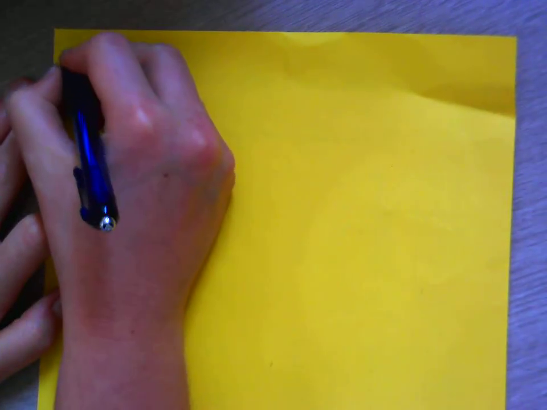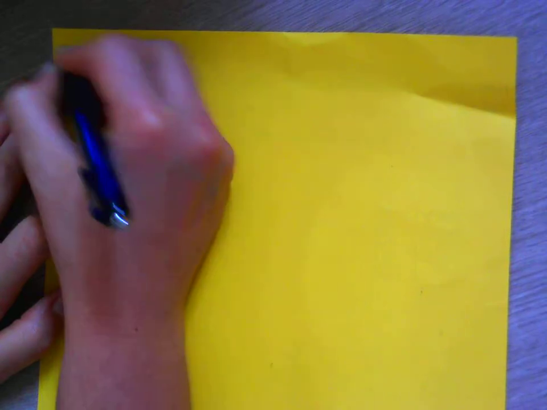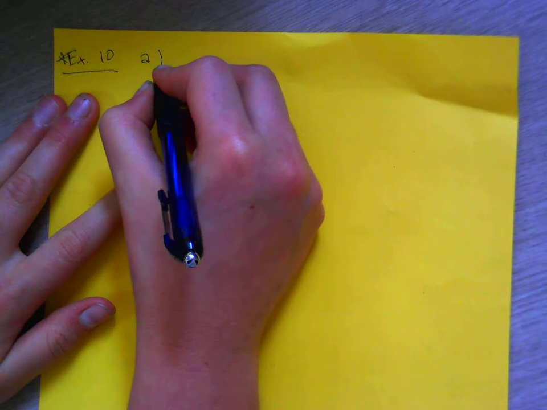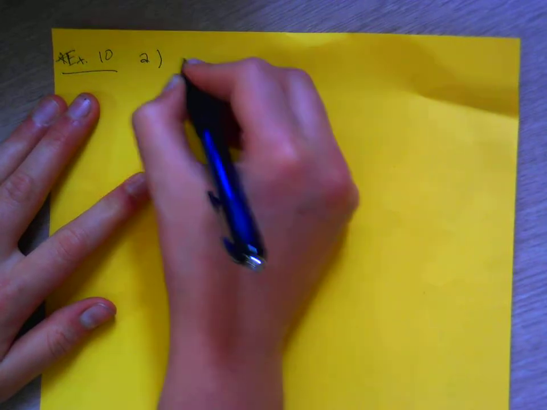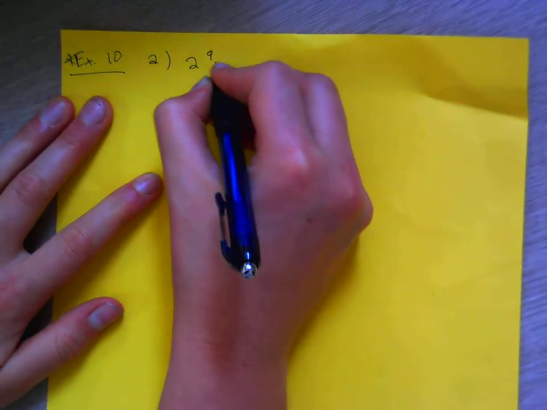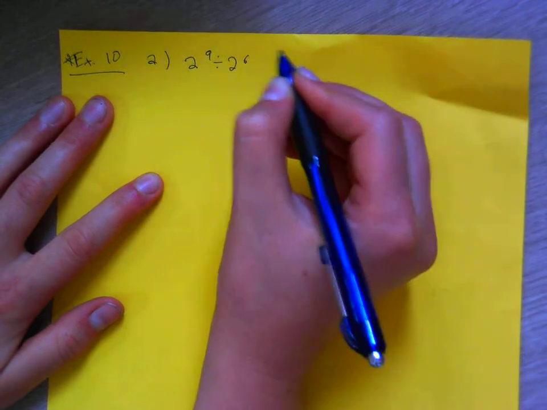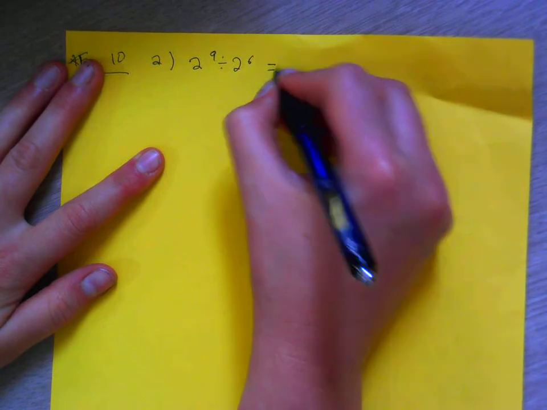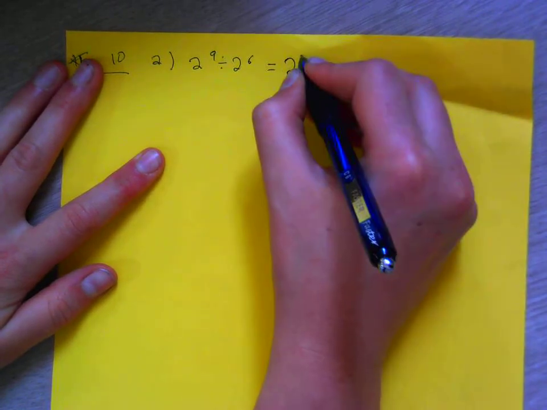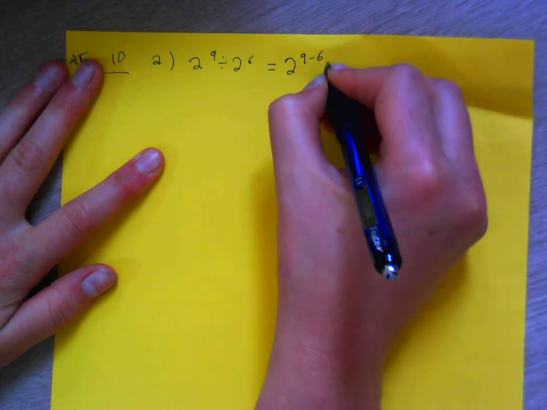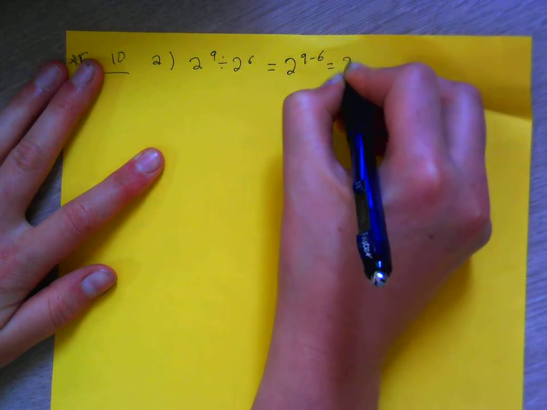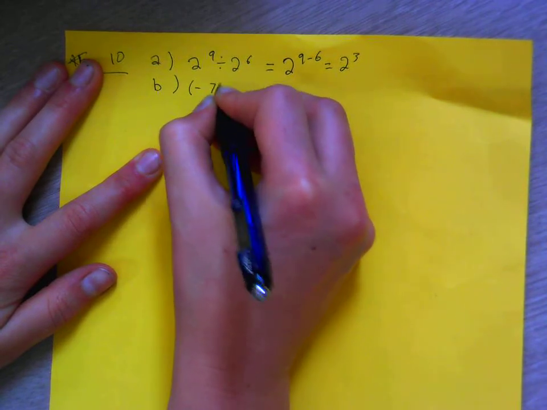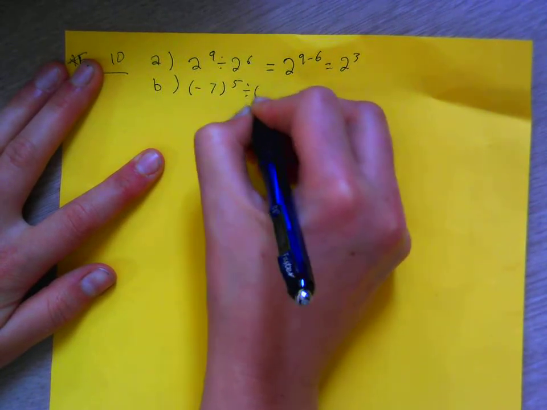Now let's try an example. Let's try example number 10. A. Simplify each expression, write your answer in exponential notation. 2 to the 9th divided by 2 to the power of 6. We know if it's divided, we can write it as 9 minus 6, which equals 2 to the power of 3. B, negative 7 to the 5th divided by negative 7.